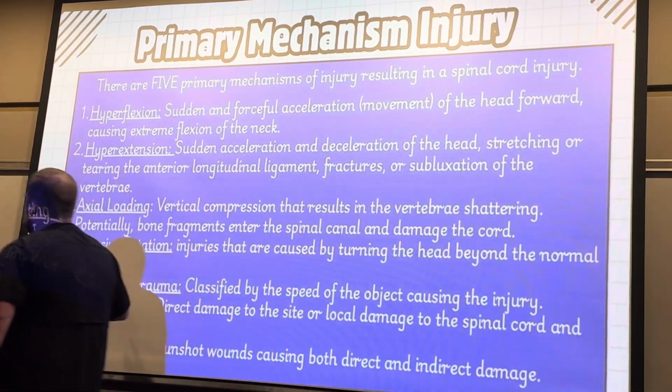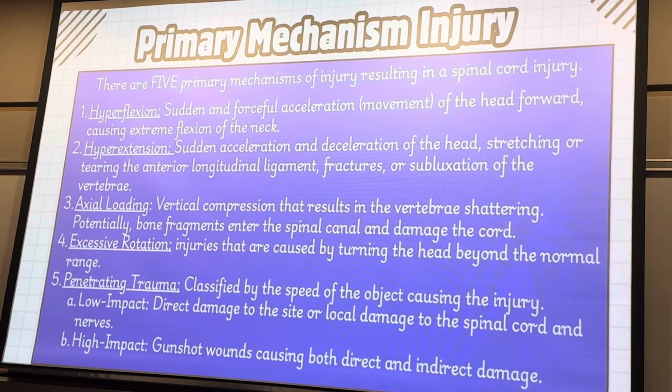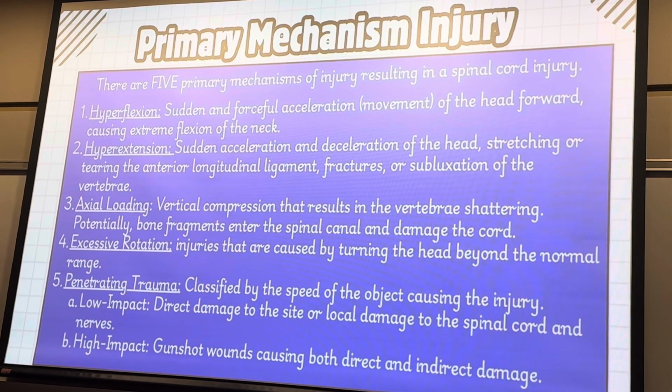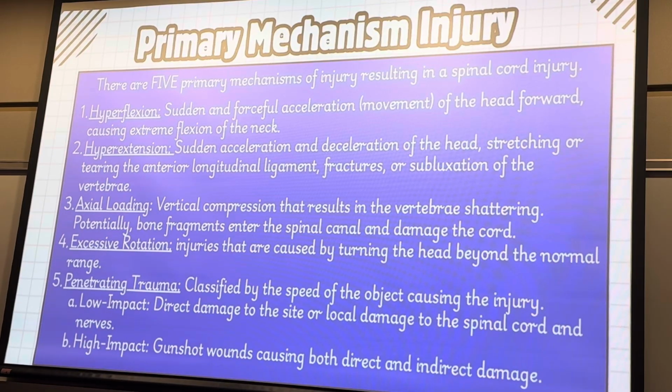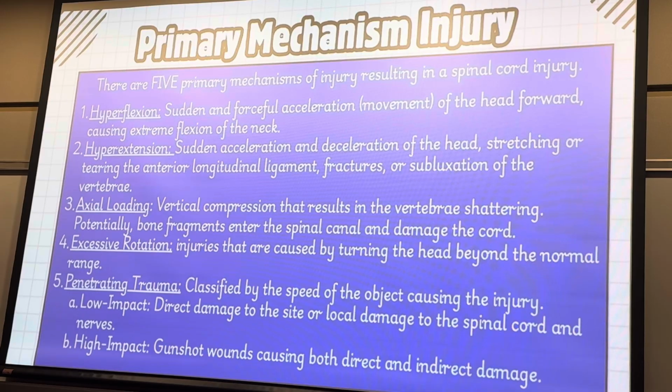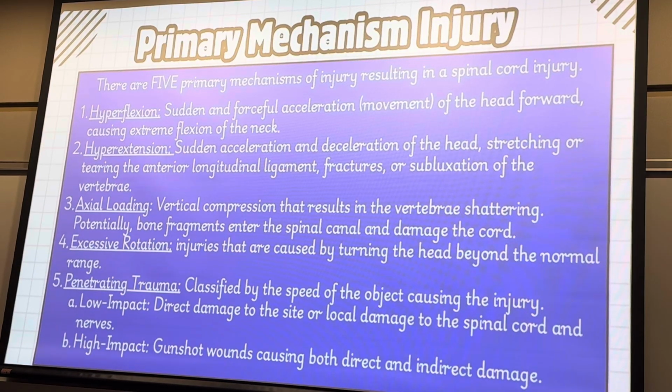Penetrating trauma. There's two different categories for penetrating trauma. So there's low impact and there's high impact. High impact is a big excessive force, high impact force. So something like a gunshot wound, that's very high velocity, causing a direct and indirect type of wound.